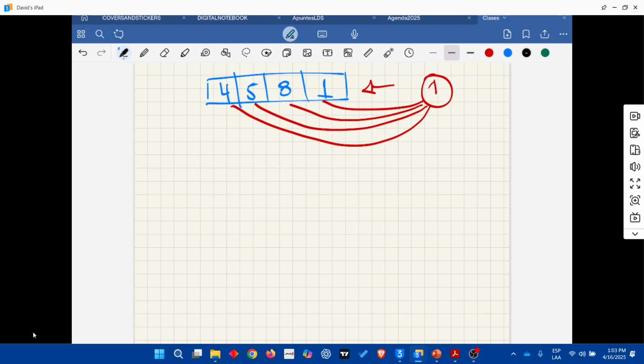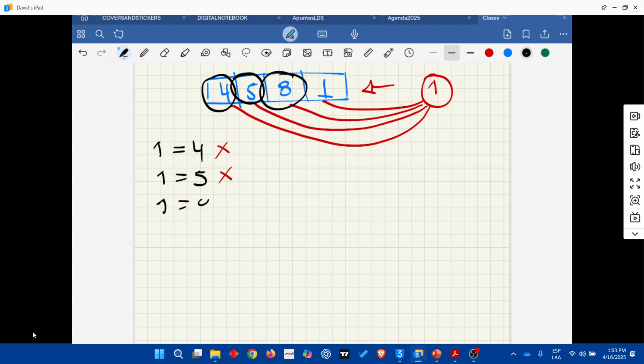Always we need to start at the beginning of the list. So we are going to verify: is 1 equal to 4? No. Then we move to the second place. Is 1 equal to 5? No. Then we move to the next one.